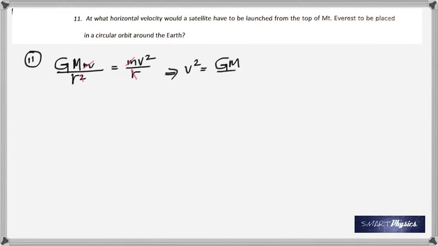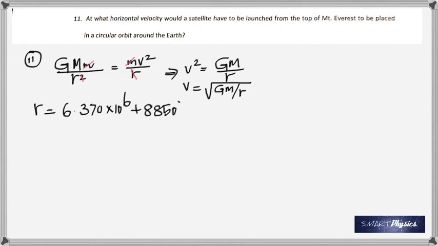Rearrange it, and you will get the velocity of orbit to be the square root of GM by r. The radius of the Earth plus the height gives the radius of orbit in meters.